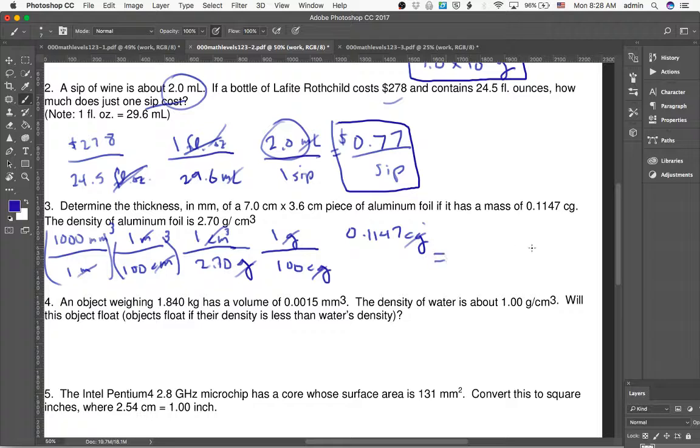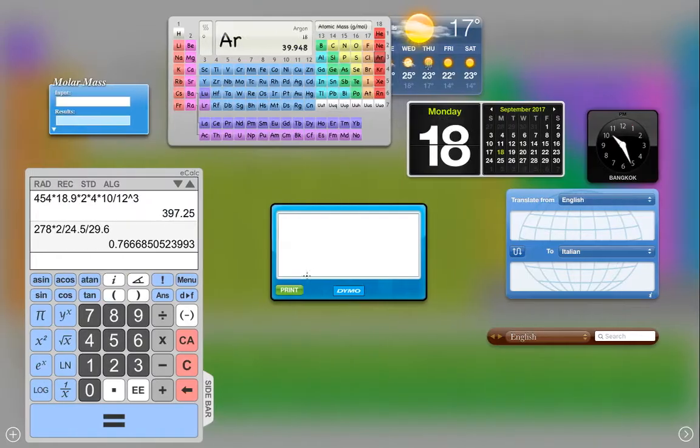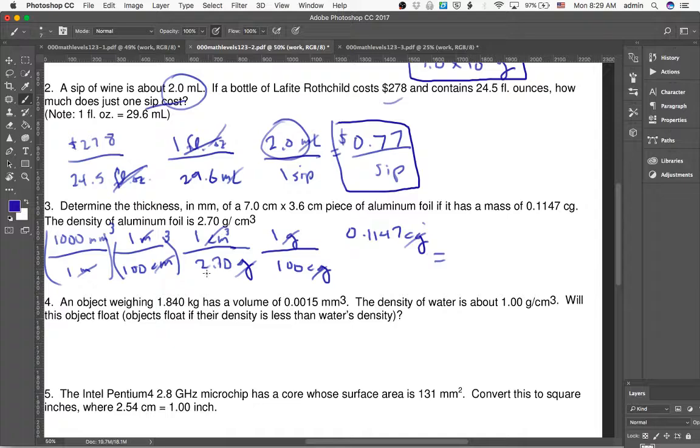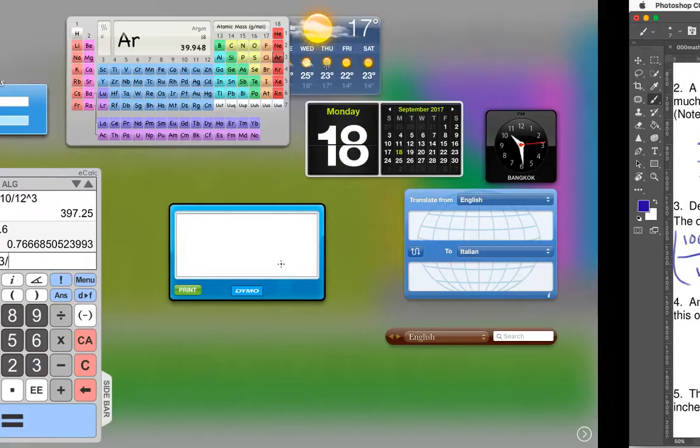So with this method, I'm going to do 1,000 cubed divided by 100 cubed divided by 2.70 divided by 100.